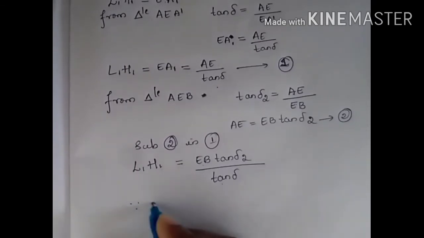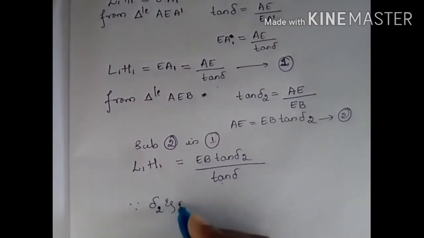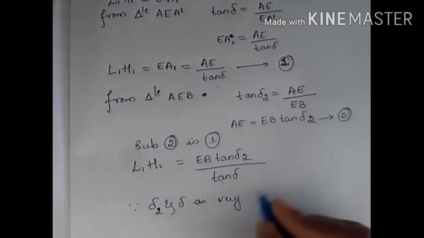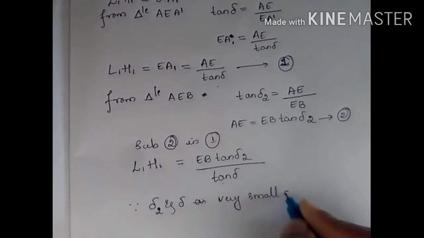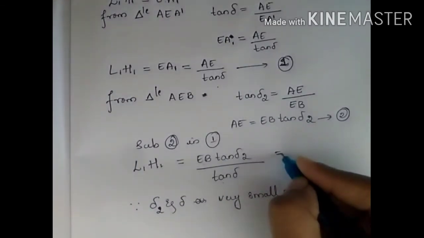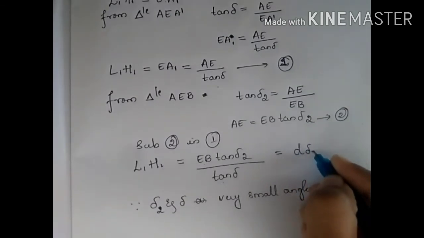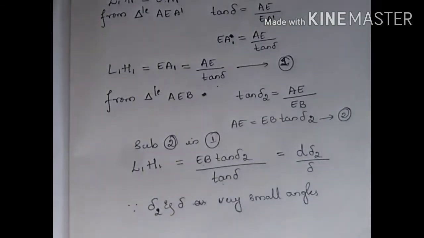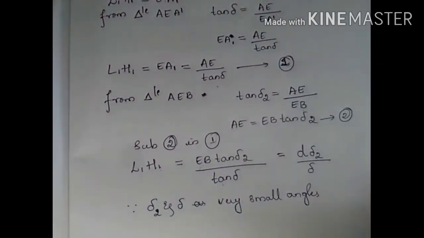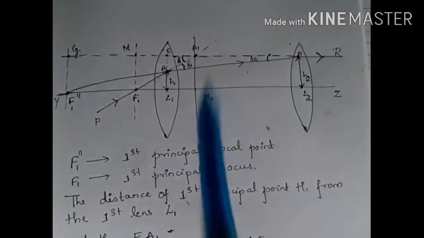So if you take delta 1, delta 2 and delta as very small angles, then you can write this as d delta 2 divided by delta. So EB here gives the separation distance between two lenses.